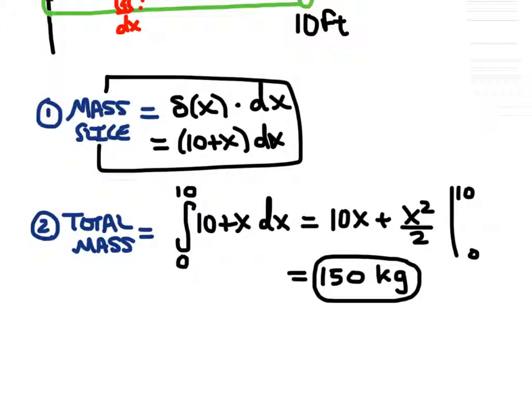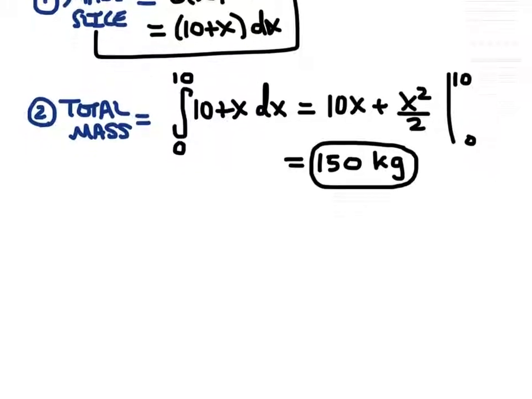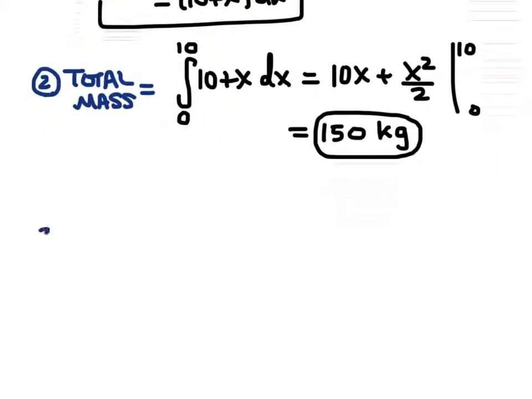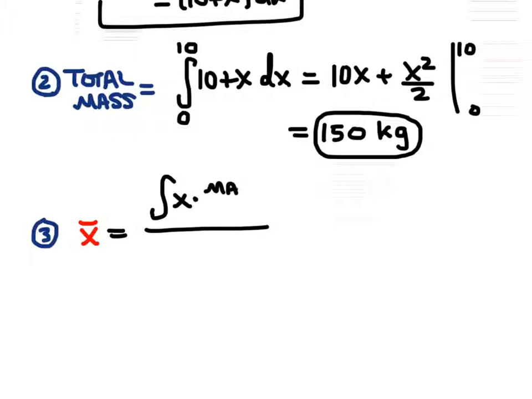So now that we have the total mass, we keep moving with our little procedure here. The third step is to take the equation that we know for the center of mass. X bar is what we call the center of mass, and we have an equation for that where on the top, we're going to sum the moments, or have an integral of the moments. That's the position times the mass of a slice.